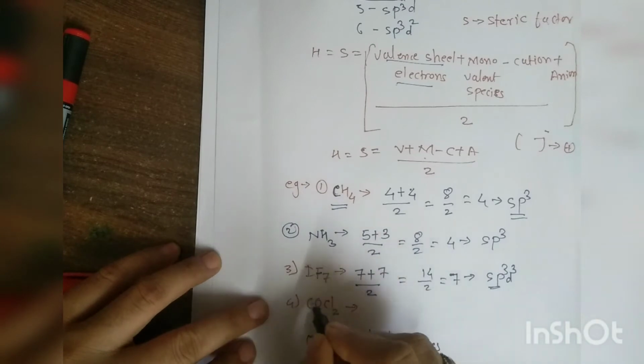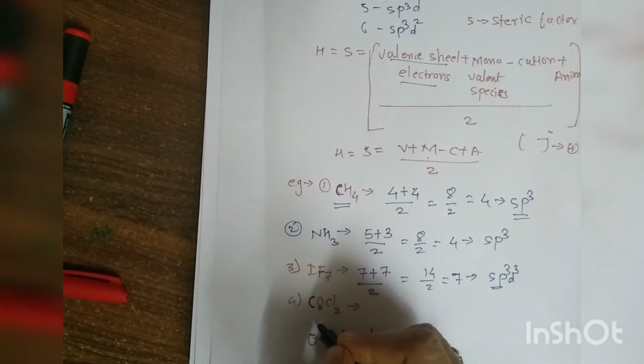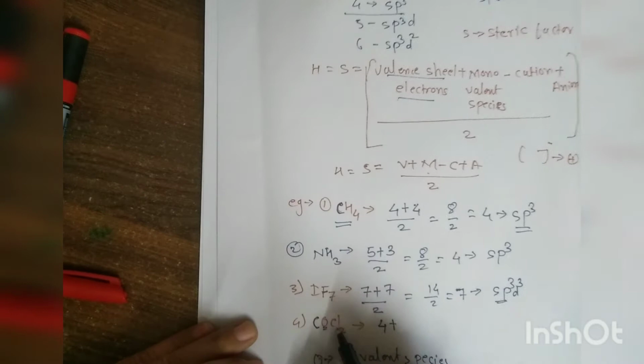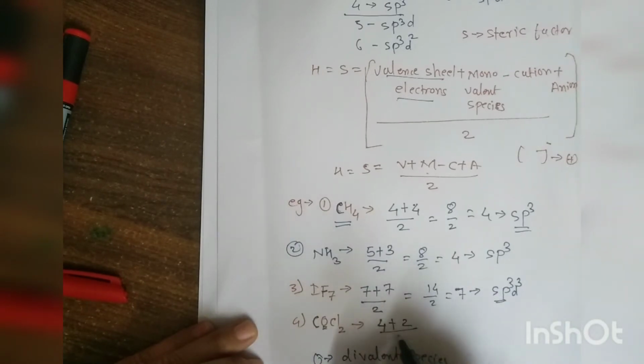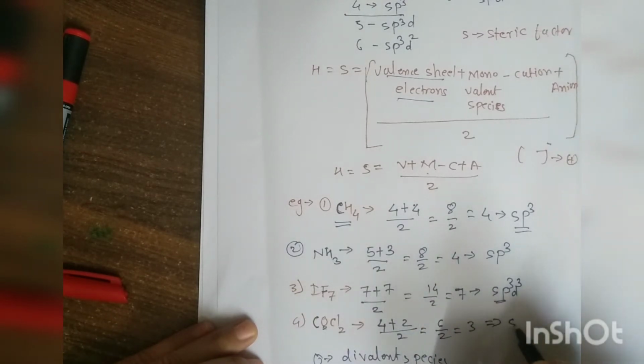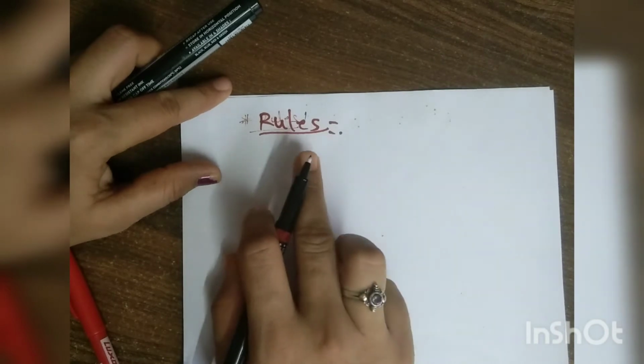So we can only take the carbon, which is big in size. So 4 plus chlorine 2, divided by 2, what we get here is 6, 3. What we got is sp2.